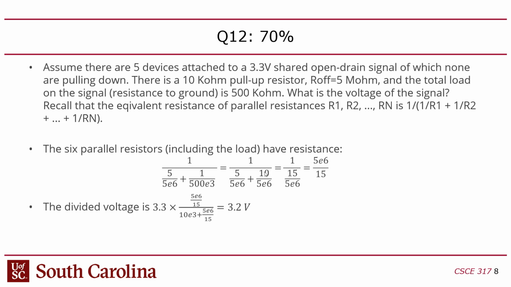So what ends up happening is you end up with 3.2 volts. So you get a 100 millivolt drop caused by that voltage divider, okay? Which, I mean, it's not a big deal. It's not going to hurt anything, but you do get a drop. The point is that there is a price to pay for this open drain. It's not free.